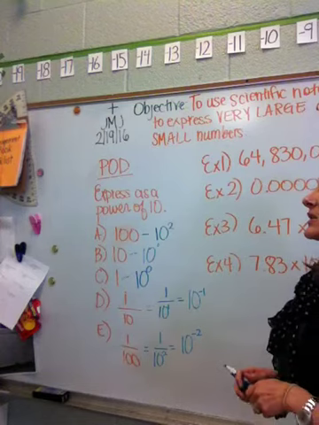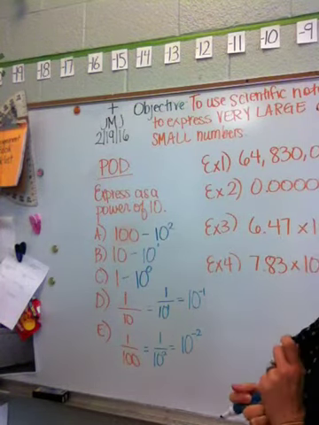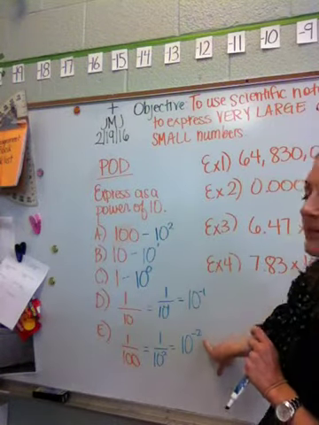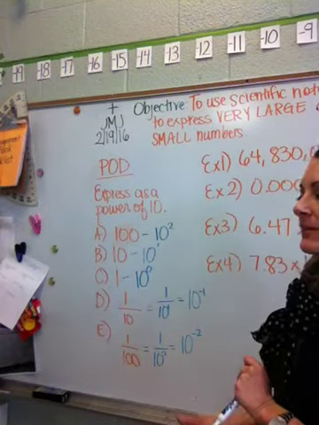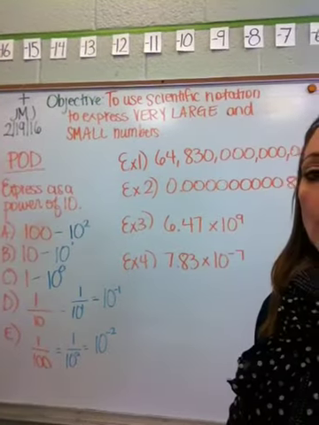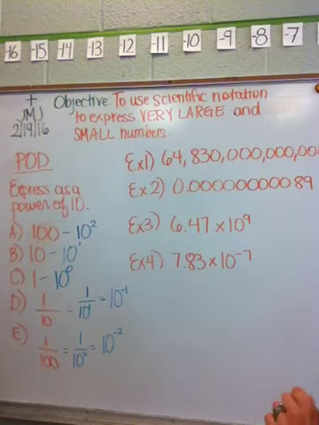What we're going to get into today is scientific notation. We're going to be using 10 to some power multiplied by another number to express a number. Our objective today is to use scientific notation to express very large and very small numbers.